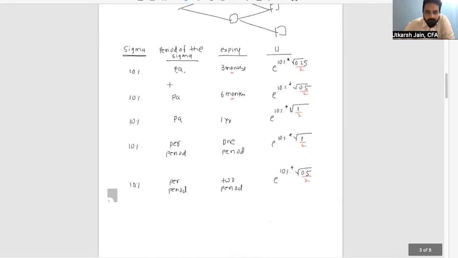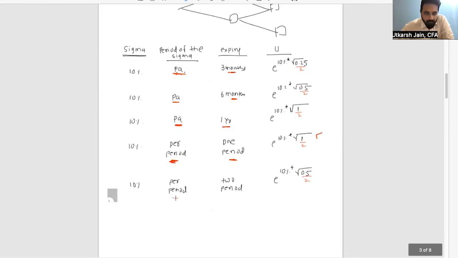That's a mistake. If it's 10% per annum and expiry is 3 months, this is okay. 10% per annum, expiry is 6 months, you want to build 2 legs in the tree, this is okay. 10% per annum, expiry is 1 year, this is also okay. 10% per period, and your expiry is 1 period, but you're building a 2-period binomial tree, this is also okay.